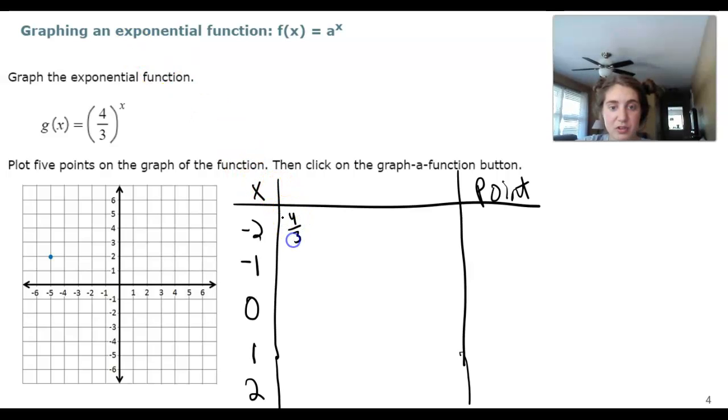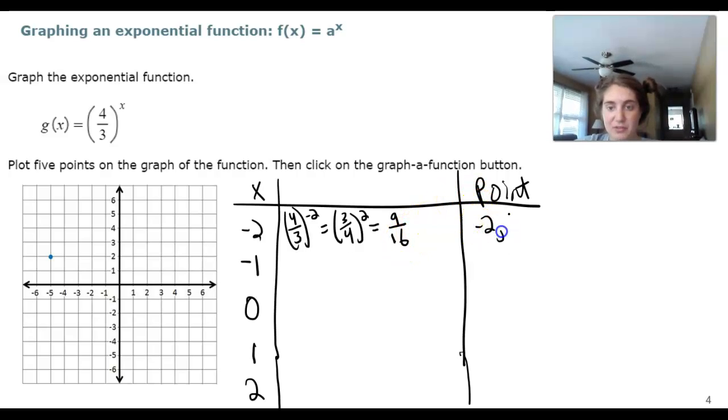I'm going to do 4/3 to the -2. I can flip the exponent to make that a +2, or I can flip the fraction, so this is 9 over 16.